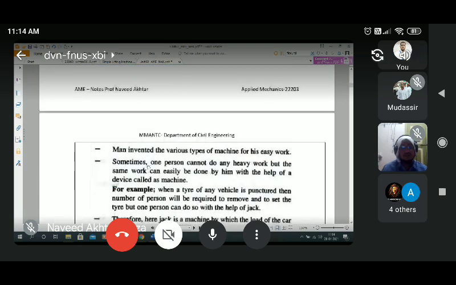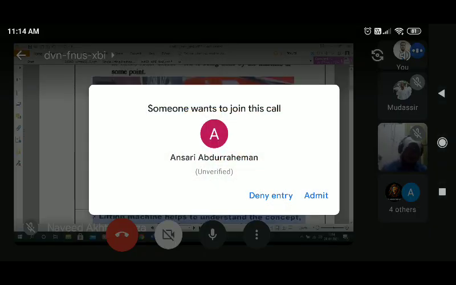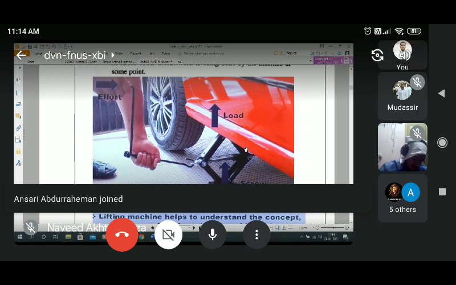Also, for lifting heavy loads we are using machines, simple lifting machines and sometimes compound lifting machines.